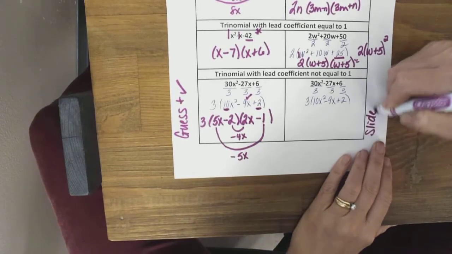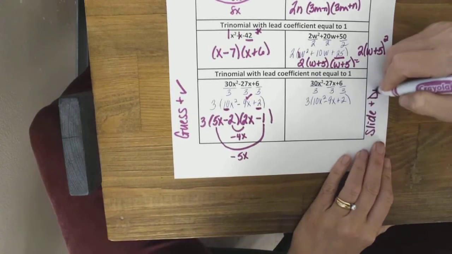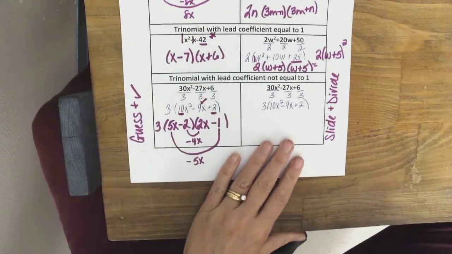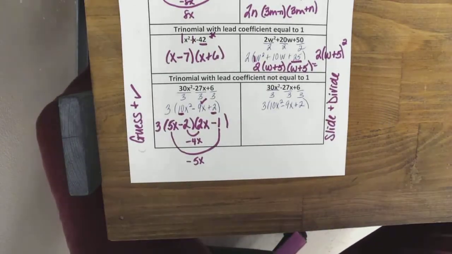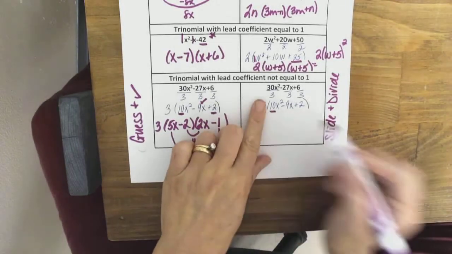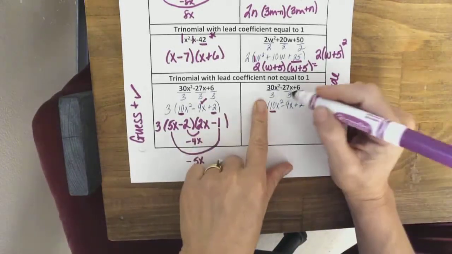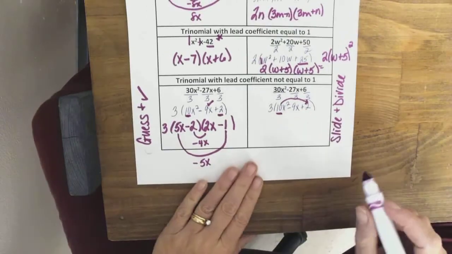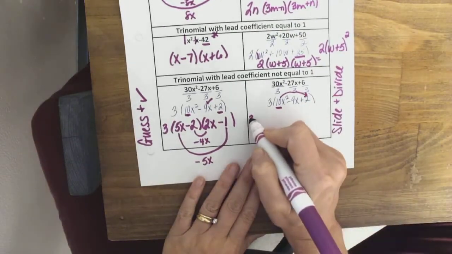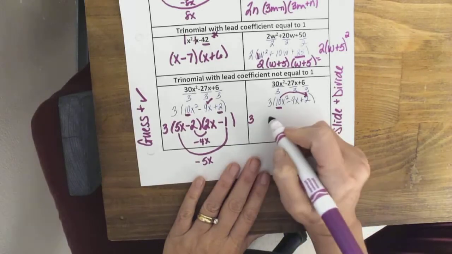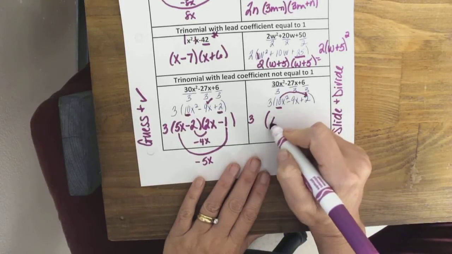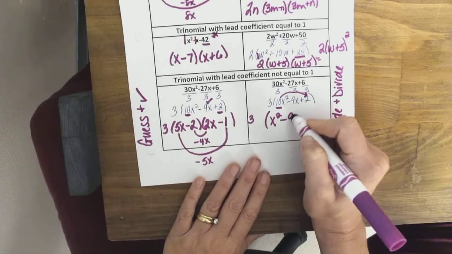Now, over here, I would like to use a method called slide and divide. I know some of you liked this one last year, so I want to make sure you'd be okay with it. When the lead coefficient is not 1, what you can do is simply slide it over and multiply it by the last one. So I'm going to bring that 3 down, the GCF, but then I'm going to slide that 10 over.